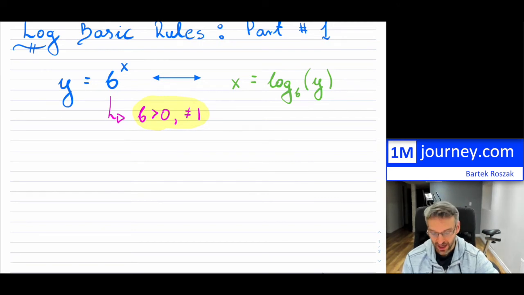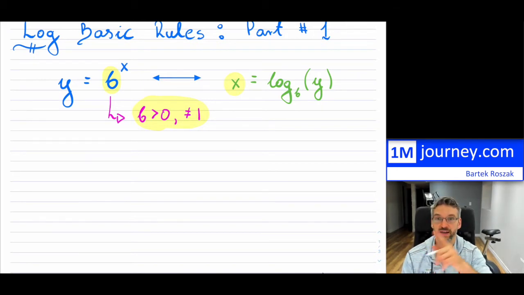If that's the case, then you can write the exponent: b to the x is equal to y, where you find the actual exponent by using the log of whatever base you have, of the output y. This is going to be pretty useful for our rules.